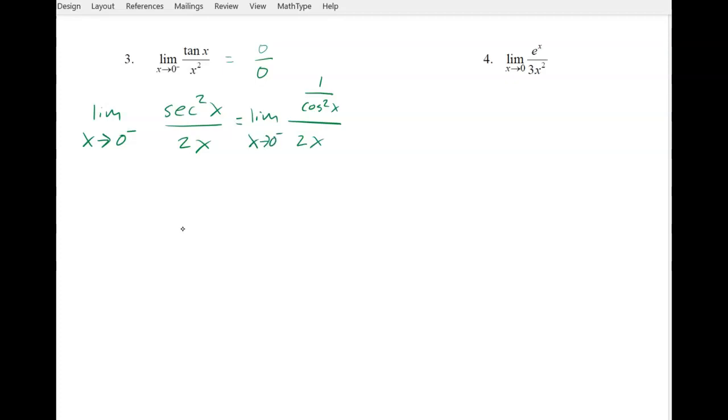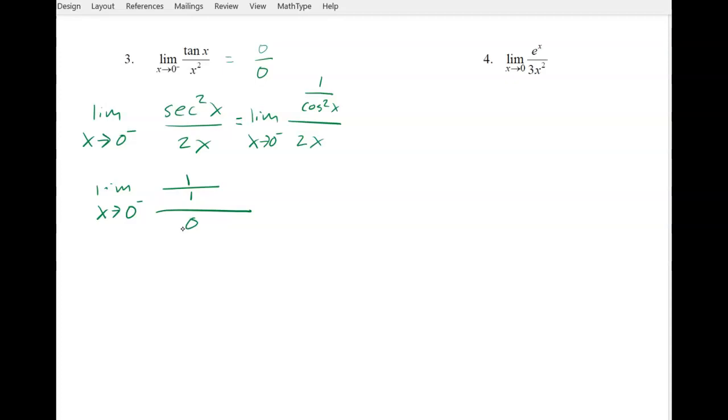So I get the limit as x goes to 0 of 1 over the cosine of 0 is 1 divided by 0. I actually can't use L'Hopital's rule on this at the moment. So I get 1 divided by 0. Not much I can do with that.